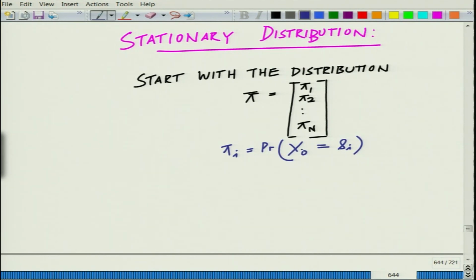This is the probability that x naught equal to s i.